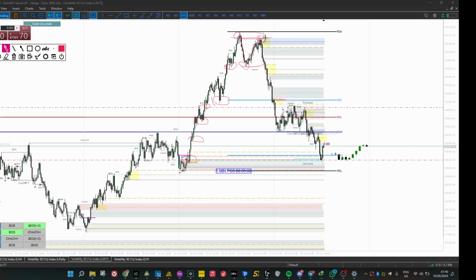This would have been a nice confirmation entry, where we could have gotten into a sell opportunity to retrace for the entirety of the day, coming all the way back down, and you could have actually held this trade right through until just now, right around here.